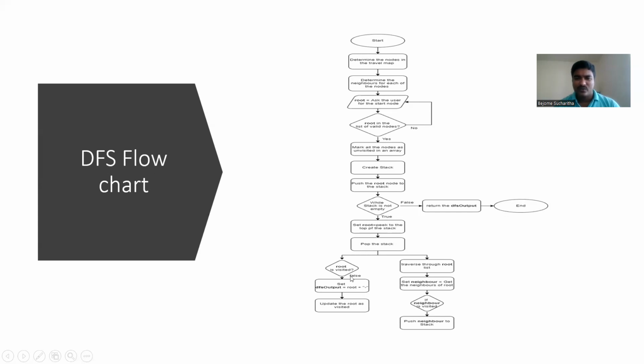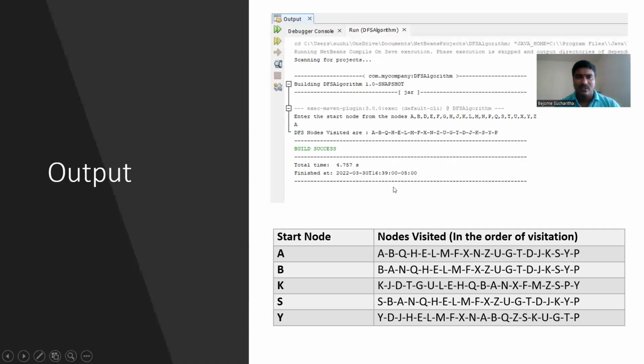Then it goes to the output, updates the root as visited and the neighbors visited, and ends. It will be completed. And next, this is the output of depth first search.